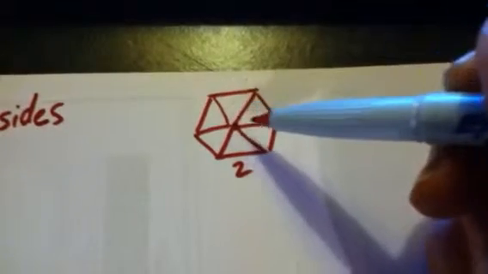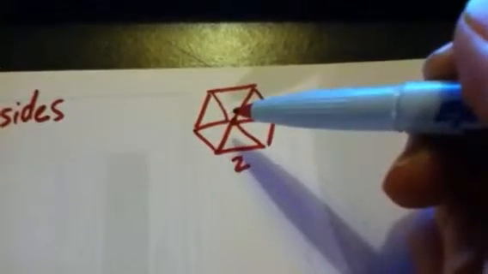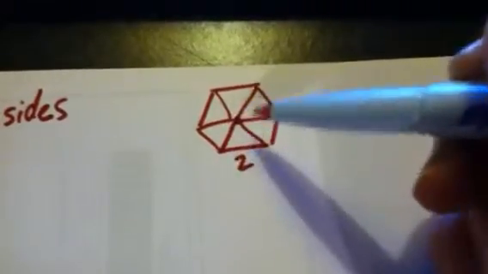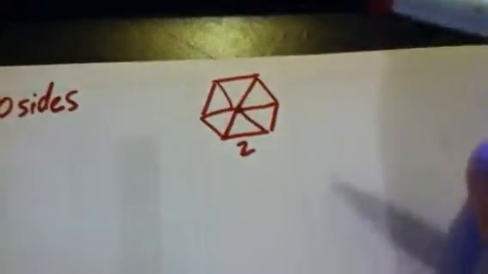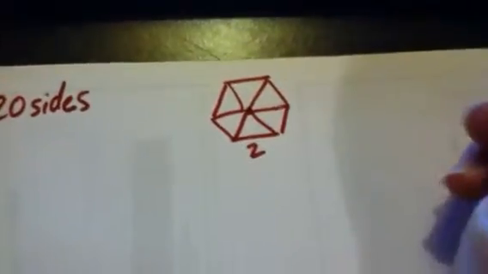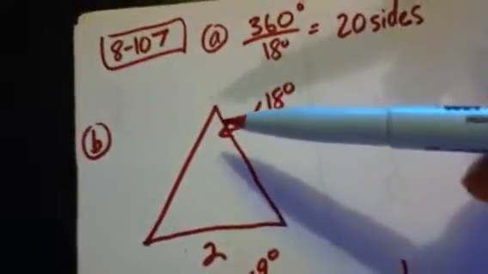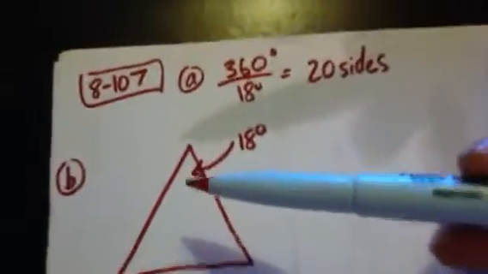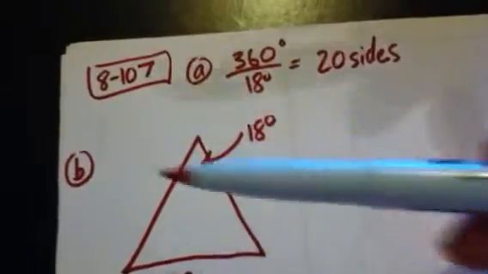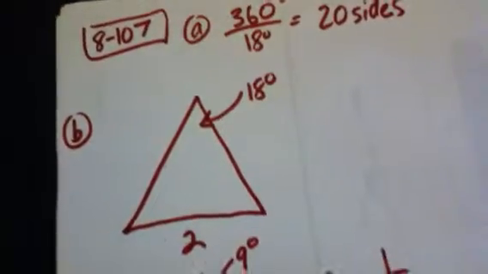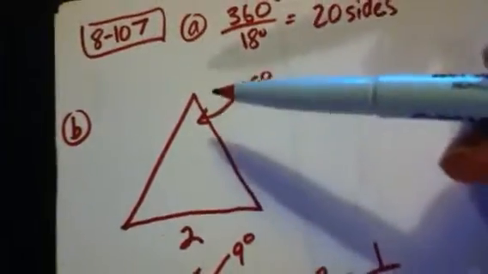All the little angle measures of the triangles have to add up to 360. So that's why I went 360 divided by 20, and I got my 18. So the 18 goes right here, and I know that all the triangles that form my polygon are isosceles and congruent to each other, so I can just work on this one.